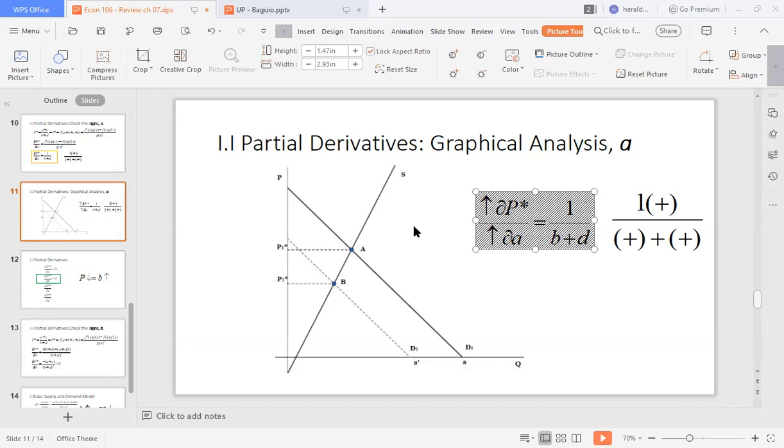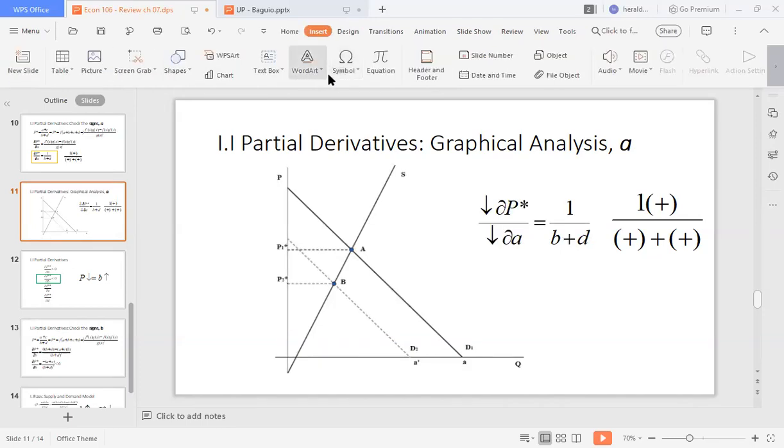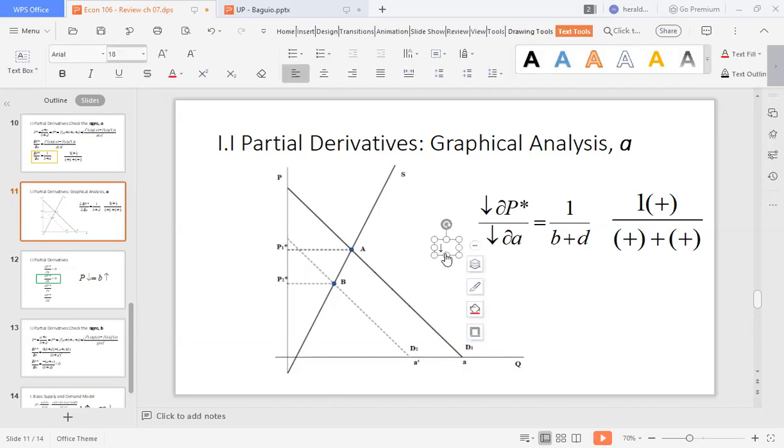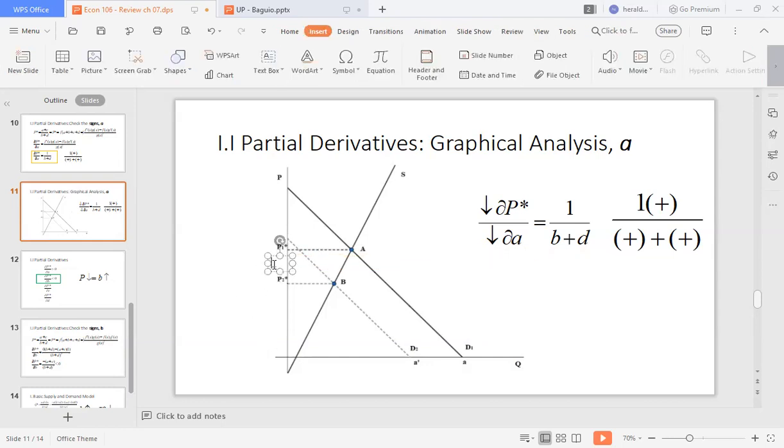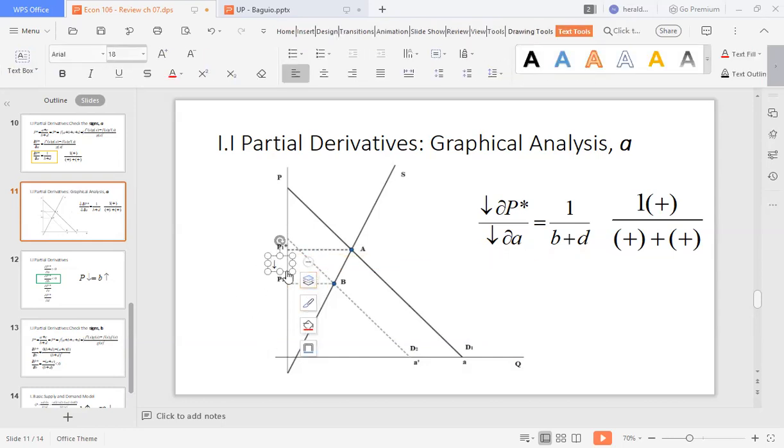That means that P star should also decrease, which is also the same in the graph, because there was a movement from point A to point B, indicating that there was a decrease also in price. So there was a decrease in P, and there's also a decrease in A. But the standard way to do it is always to first look at the parameters.